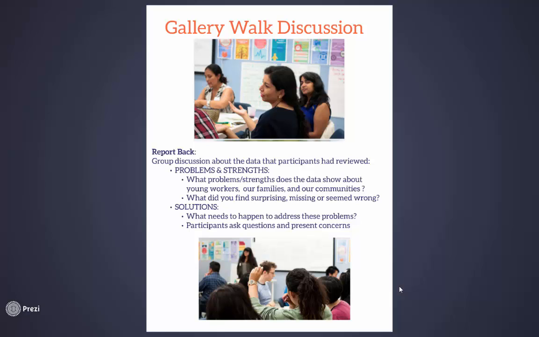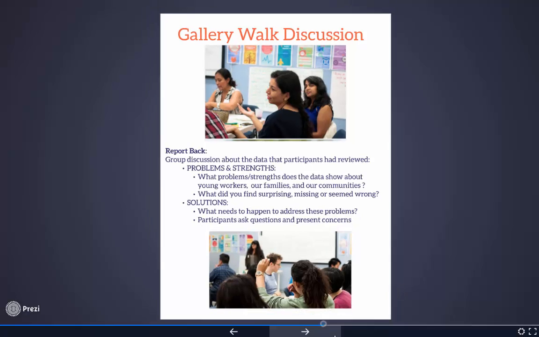Also, we talked about what you found surprising, what was missing, or what seemed wrong about the data presented. And so this facilitated the conversation around solutions. What needs to happen to address these problems? And also, participants asked questions and presented concerns about some of these data points that either they didn't understand or they were shocked to find out about.